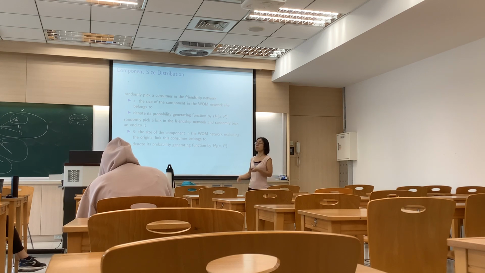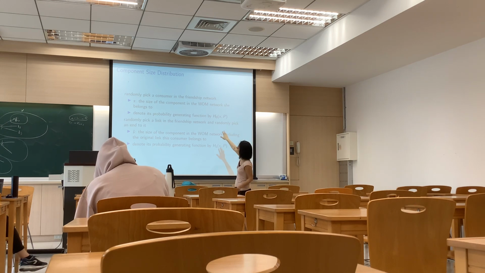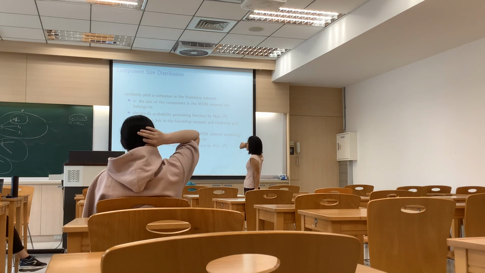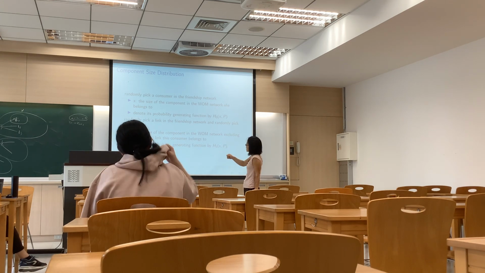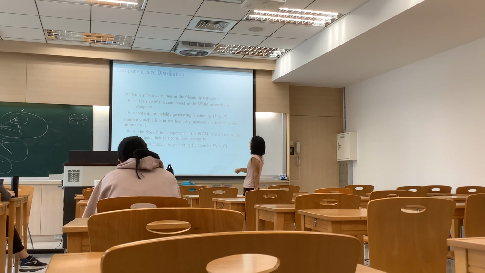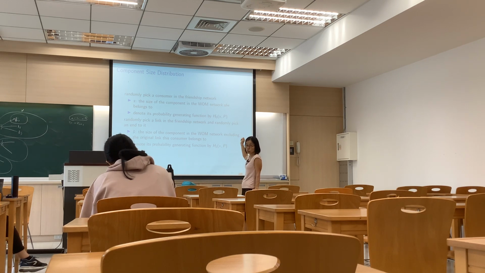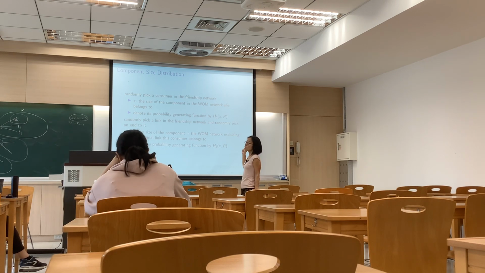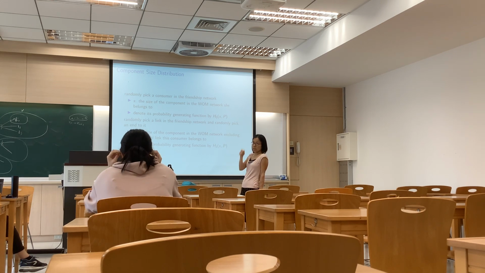Now we want to do a component size distribution. We're doing really the same thing. So we randomly pick a consumer in a friendship network, and let S be the size of a component in the word of mouth network it belongs to. Of course, if she herself is not susceptible, the word of mouth network she belongs to has size 0.